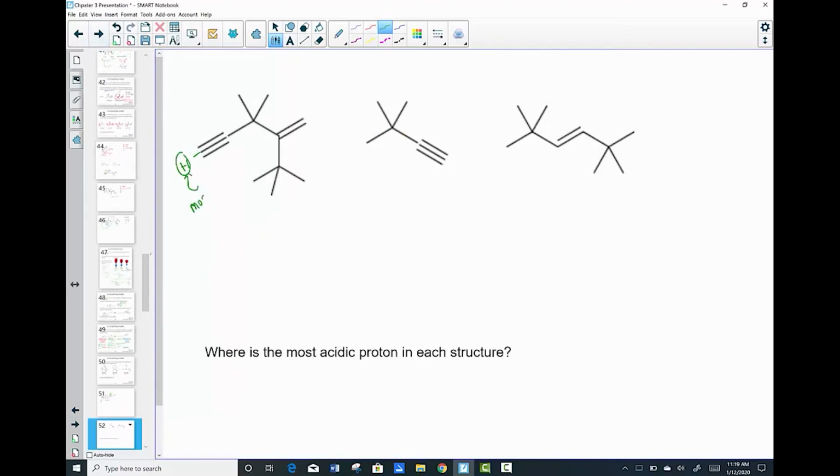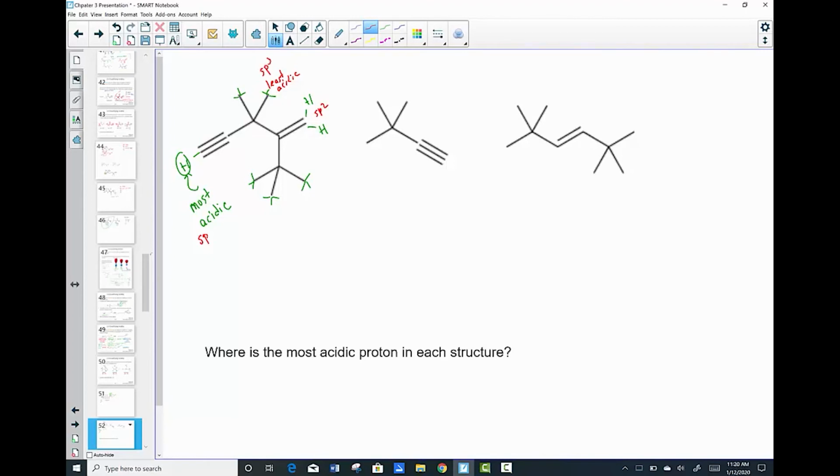This is most acidic. The double bond, these 2 hydrogens, would be in second place, and the least acidic would be the hydrogens that are coming from sp3 hybridized carbons. So the most acidic to the least acidic, right? So sp is the most acidic, second place sp2, last place sp3.